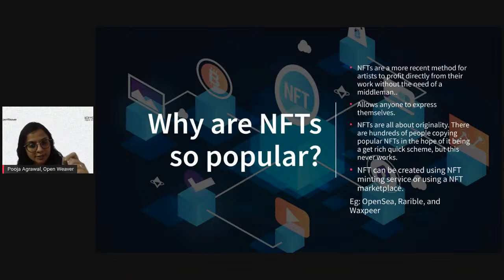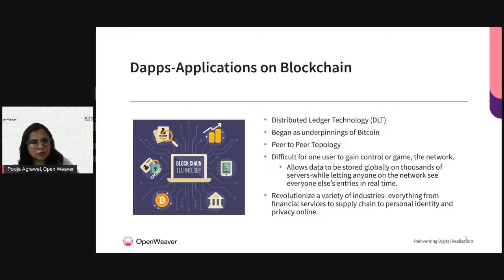So you can either create it using a minting service as listed here, or you can use a marketplace of your own. So these distributed applications that I was talking about on blockchain, how do they help? These are applications which started with Bitcoin.